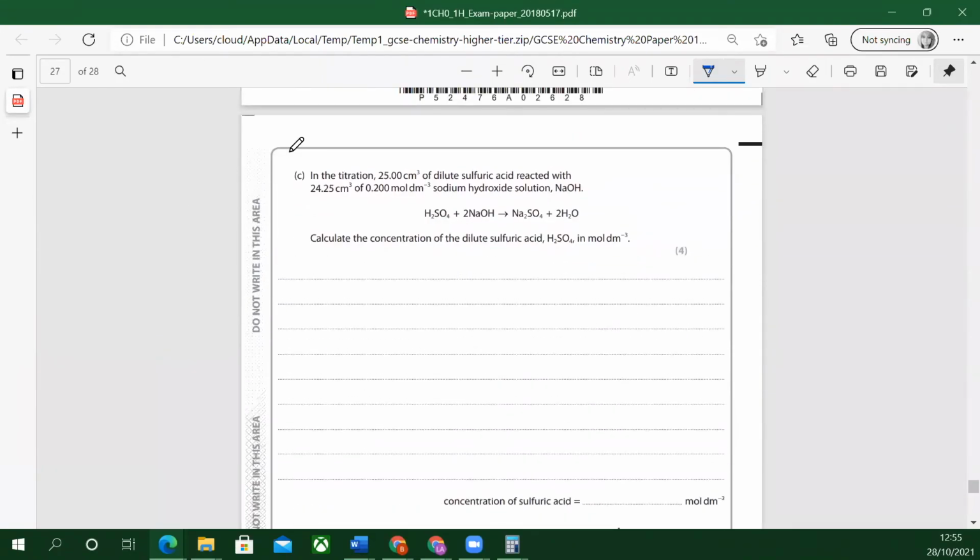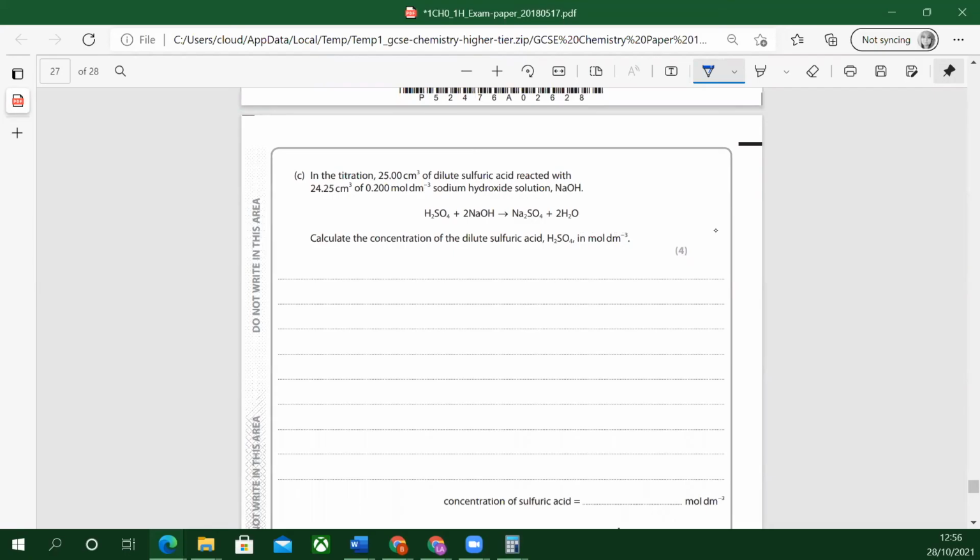In the titration, 25 centimeters cubed of dilute sulphuric acid reacted with 24.25 of 0.2 mole sodium hydroxide solution, NaOH. Calculate the concentration of dilute sulphuric acid, H2SO4, in moles per dm cubed. Right, so write a few key points down.